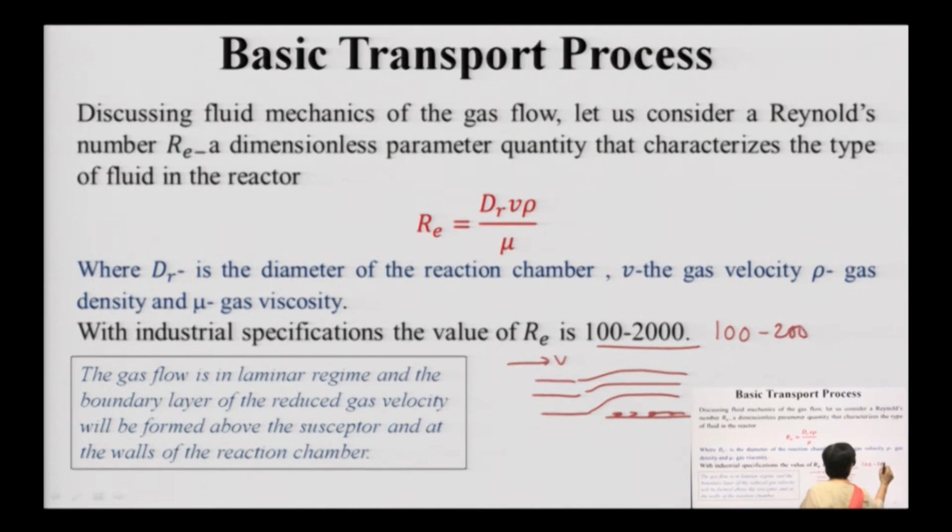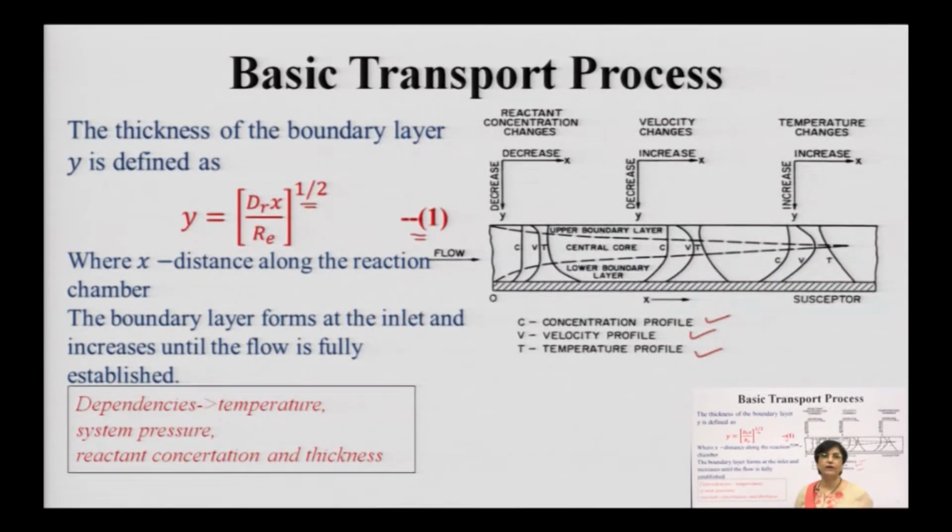Why? Because the Reynolds number decides the flow. If it is less than 2000, I call it laminar flow. If it is higher than 2000, it is turbulent flow, and you do not want turbulent flow. You want laminar flow so that you have uniform epitaxial growth, and therefore this value is normally kept around 500, so that we can control it very well.